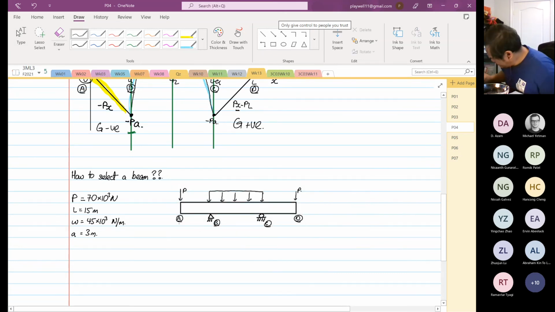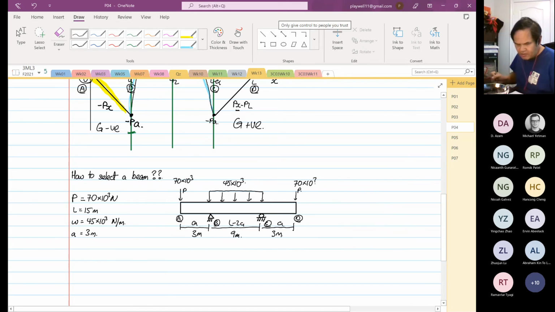We know that the distance from here to here is A. The distance from here to here is L minus 2A. A is 3 meters, so this will be equal to 9 meters. The distributed load is 45 times 10 to the power 3, and the P is 70 times 10 to the power 3 each side.